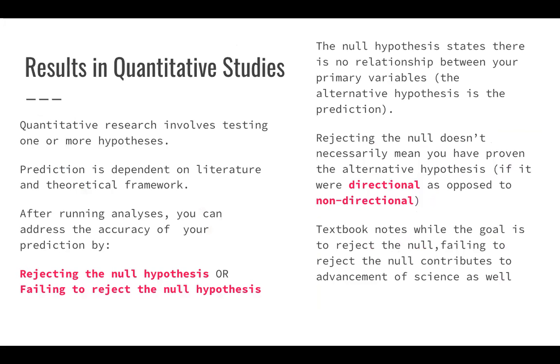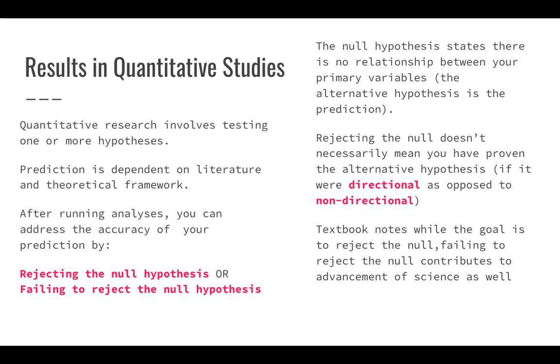So for those quantitative studies that involve testing one or more hypotheses, you're basically offering some type of prediction. That's what your alternative hypothesis is. And that prediction is dependent on what you read in the literature, what your theoretical framework suggests should occur.